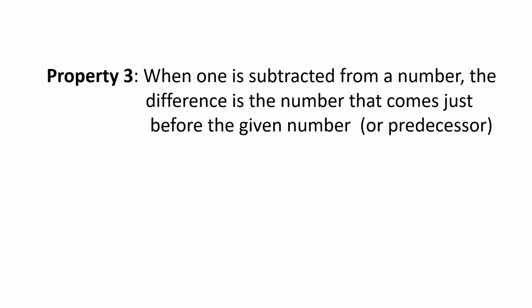Our third property is when 1 is subtracted from a number, the difference is the number that comes just before the given number. Or we can say that if we subtract 1 from any number, the answer is the predecessor of the given number. That means what?